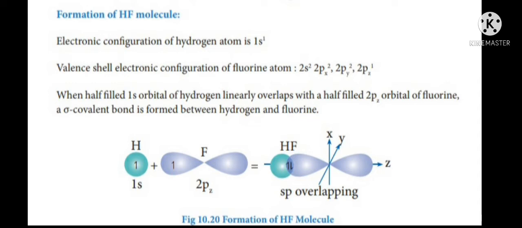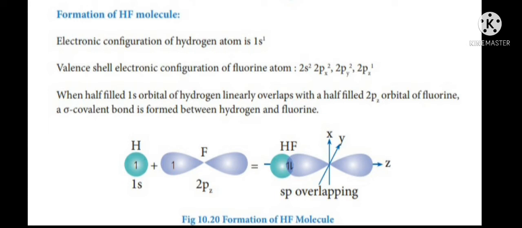Hence, the valence electronic configuration of fluorine is 2s2, 2px2, 2py2, 2pz1. Here, half-filled 1s orbital of hydrogen atom overlaps linearly with half-filled 2pz orbital of fluorine atom to form a sigma covalent bond. This type of overlapping is said to be sp overlapping.